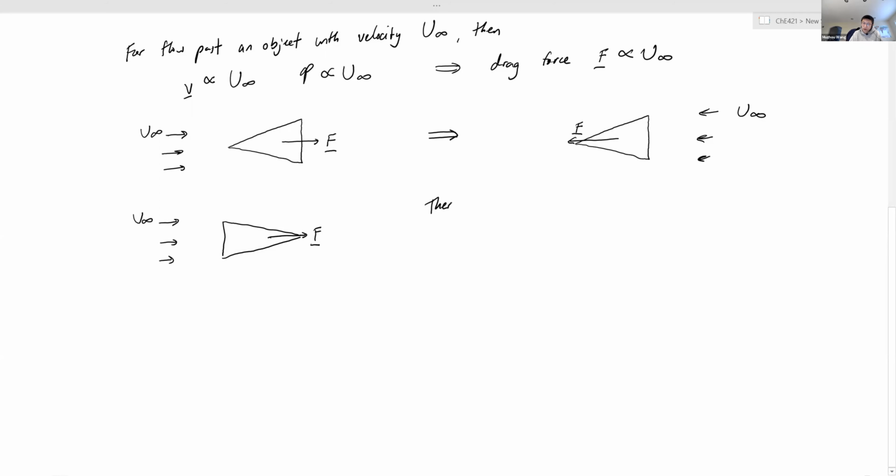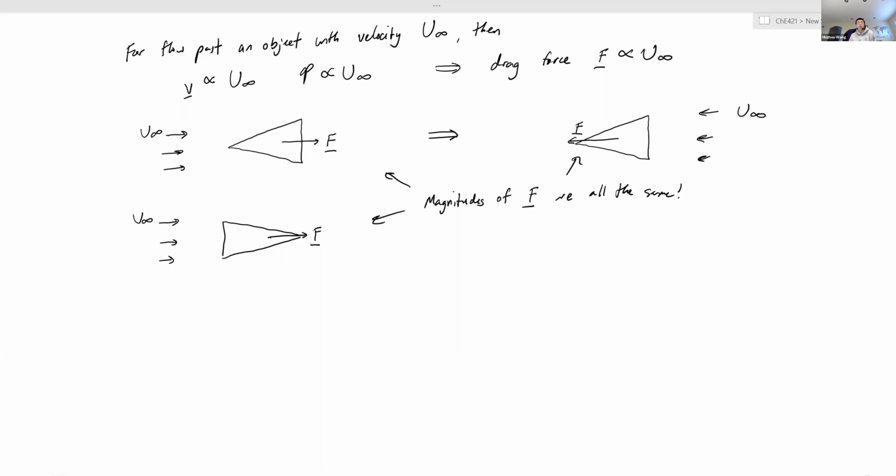So in all of these pictures that I've drawn, the forces are all exactly the same. The magnitudes are all exactly the same, right? And so maybe this is sort of counterintuitive. I hope it actually is, right?